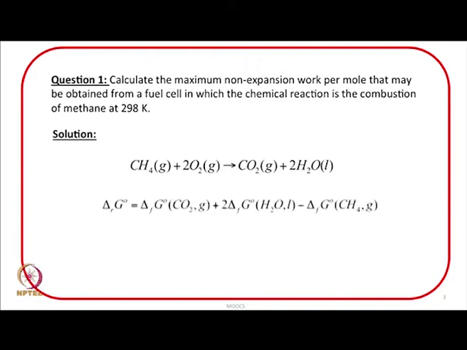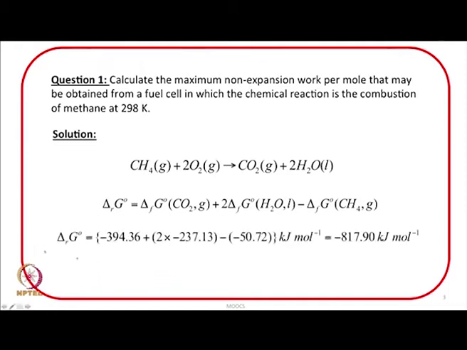Once I have this, then I can use this expression that the reaction Gibbs energy is equal to free energy of formation of carbon dioxide, here you see, plus 2 moles of water are being formed. So, twice free energy of formation of water liquid minus free energy of formation of methane gas, and for oxygen we will put a value of 0.